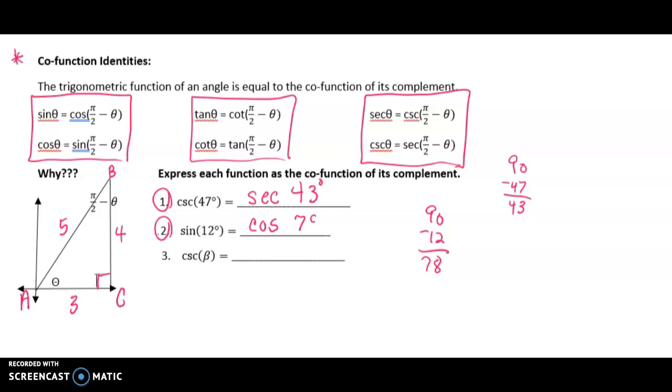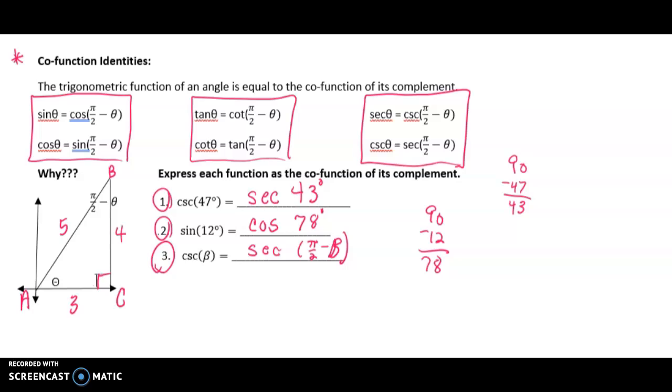So the cosine of a 78-degree angle. And the cosecant of angle B, or beta, would equal the secant, because secant and cosecant are co-functions, of pi over 2, or 90, minus beta.